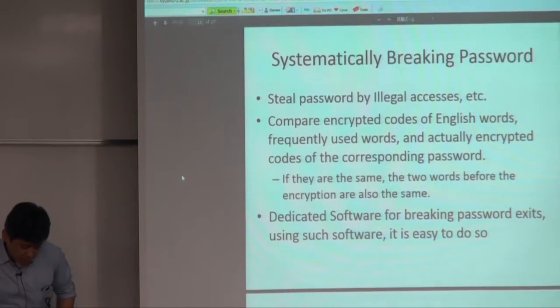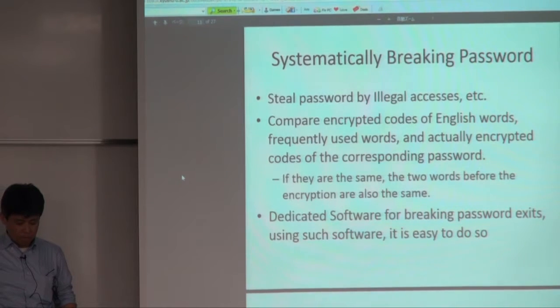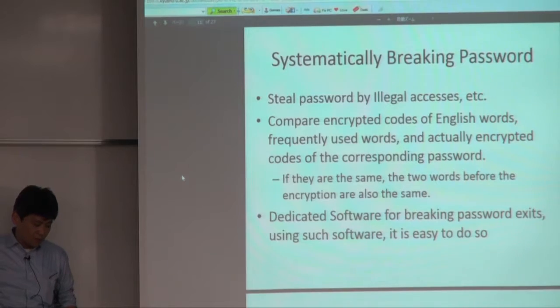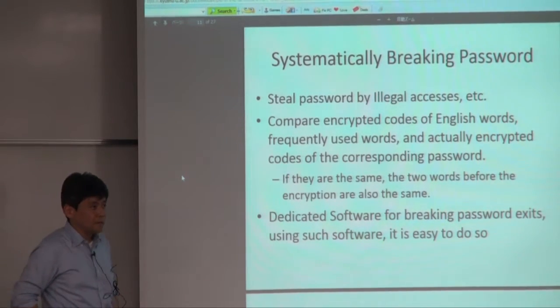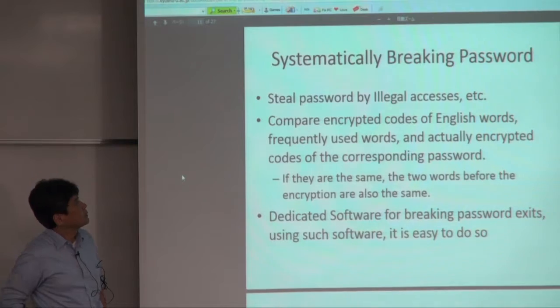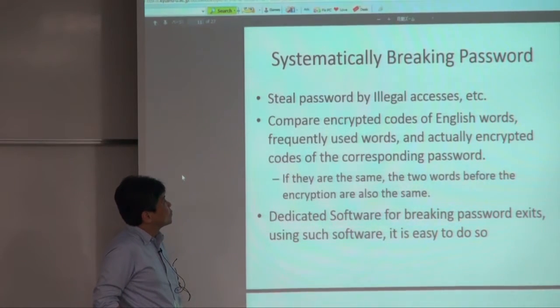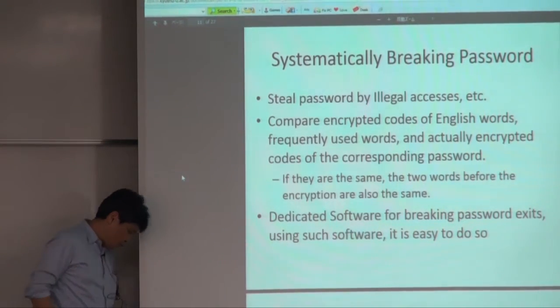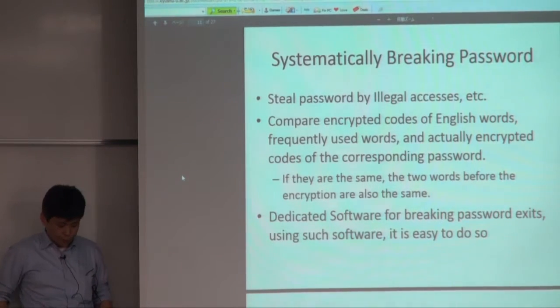So as I explained, through a security hole, sometimes a bad person can access your server illegally, and such a bad person can obtain the password file illegally. So they use software to break the passwords included in the password file.